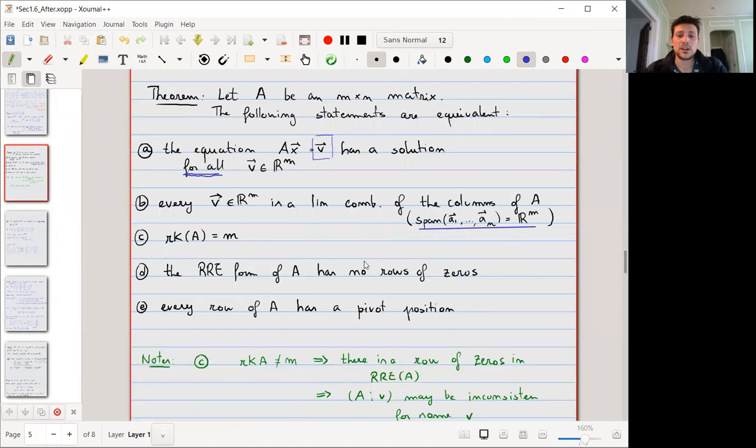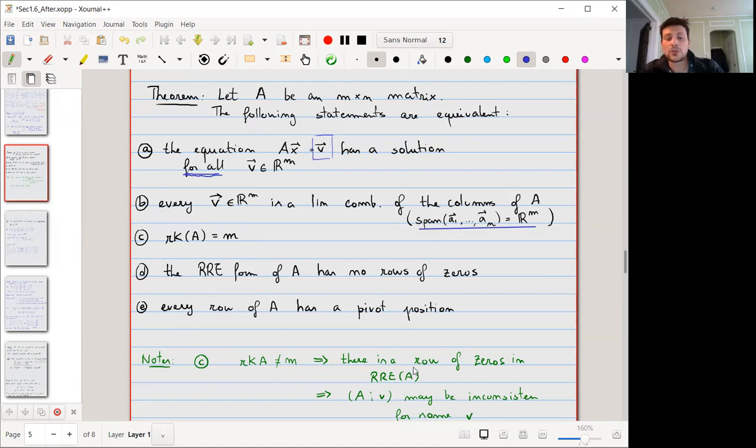Let me just comment on condition C, which is, as I said, in some sense, the more conceptual, the one that ties the span of columns to something very practical, which is the reduced row echelon form. If the rank is not m in a matrix that has exactly m rows, then the only way that the rank is not m is that there is a row of zeros in the reduced row echelon form.